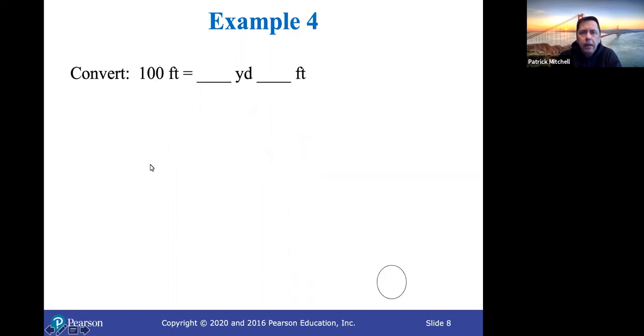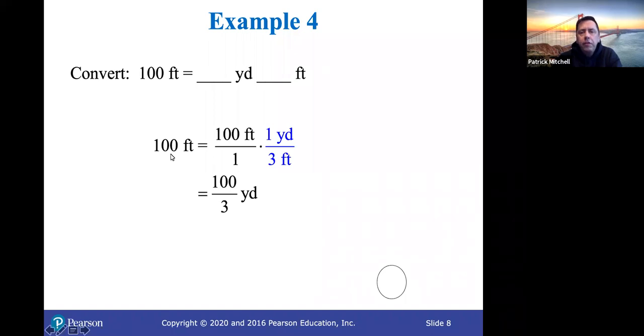All right, next. This is a little different. They want us to convert 100 feet to yards and feet. Okay, so we're going to start the same way by converting 100 feet into yards. So just like in the last example, the feet are going to cancel. That's going to leave me with 100 over 3.